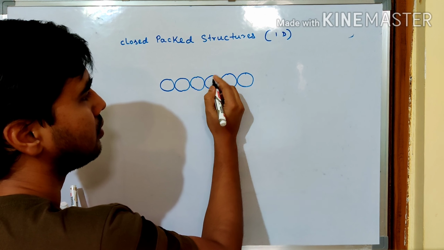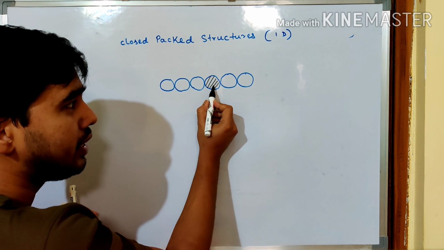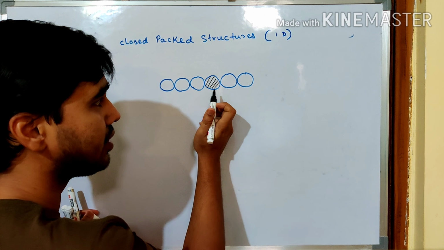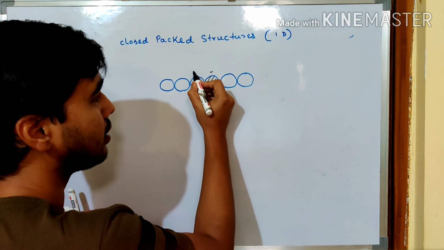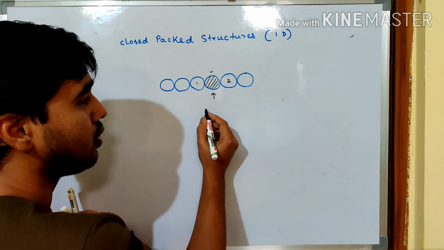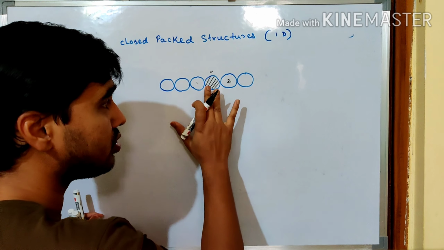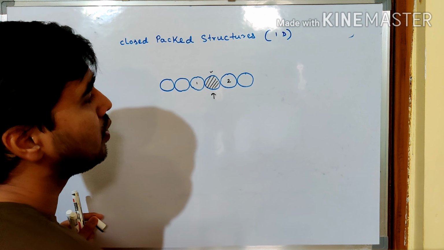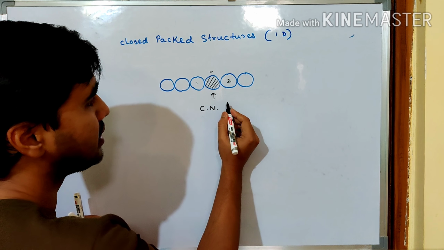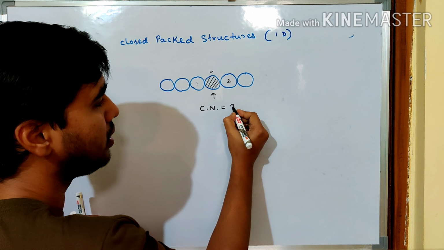It has minimum space between them because they are already attached; this atom is connected with this one and this one. So the number of atoms with which this particular atom under consideration is attached is known as the coordination number, Cn. In this case, for closed pack structure in one dimension, the coordination number is 2.